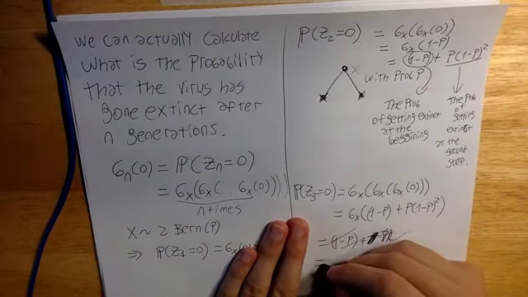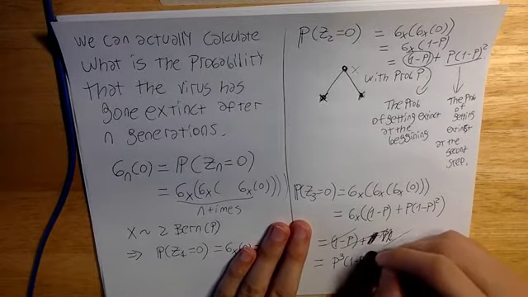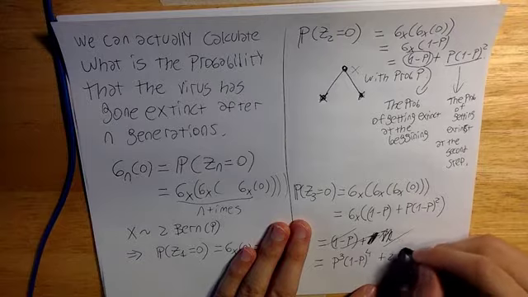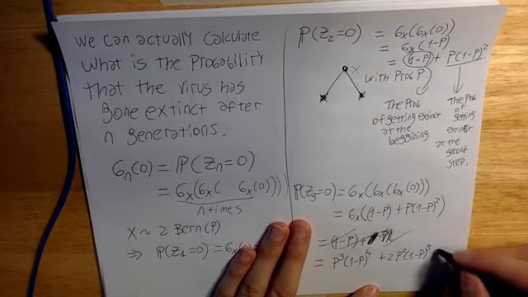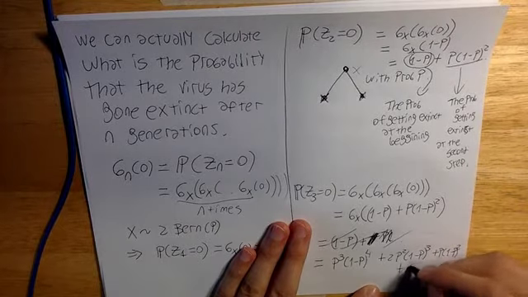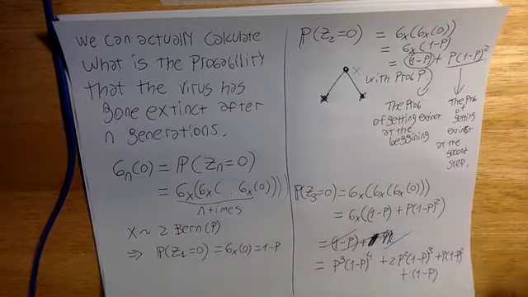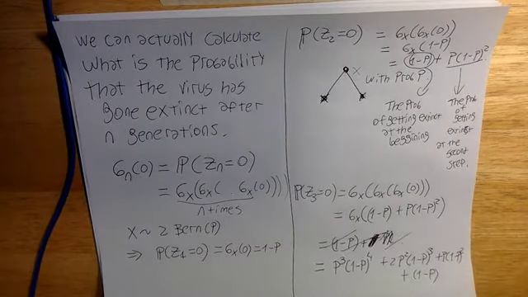You can actually just get an explicit expression for this. This is p cubed times (1 minus p)^4 plus 2p squared times (1 minus p)^3 plus p times (1 minus p)^2 plus 1 minus p. So, okay, even in this simple example, this is not such a nice expression to be computing.